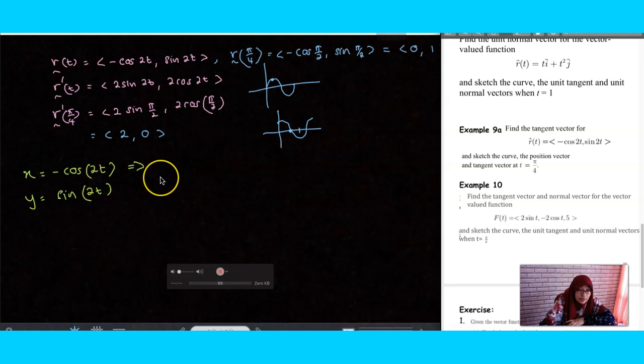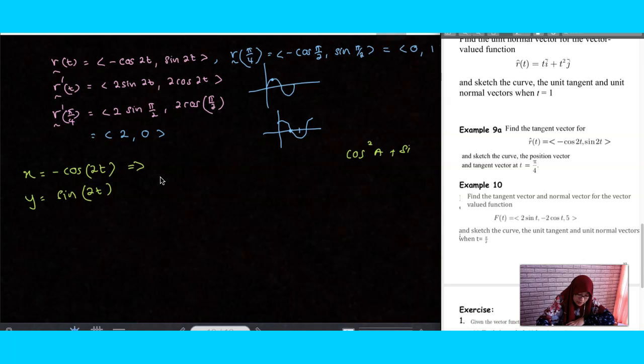It looks like we can just use the identity of trigo, something like cos squared a plus sine squared a is equal to 1. So we need to square both sides. So x squared will give you cos squared of 2t. And this one, square both sides, so you will have sine squared of 2t.